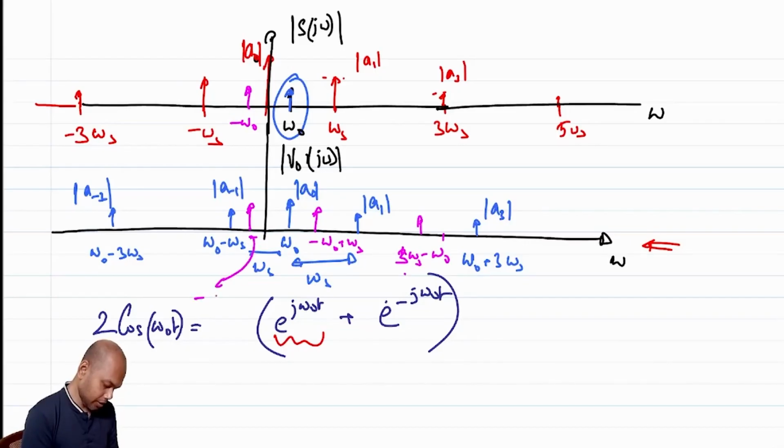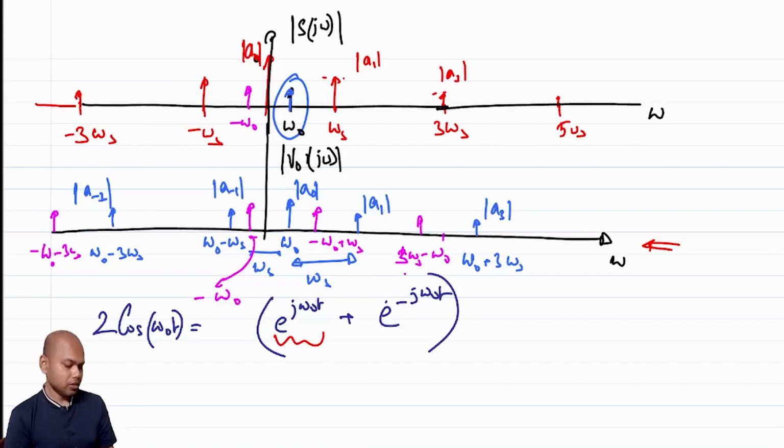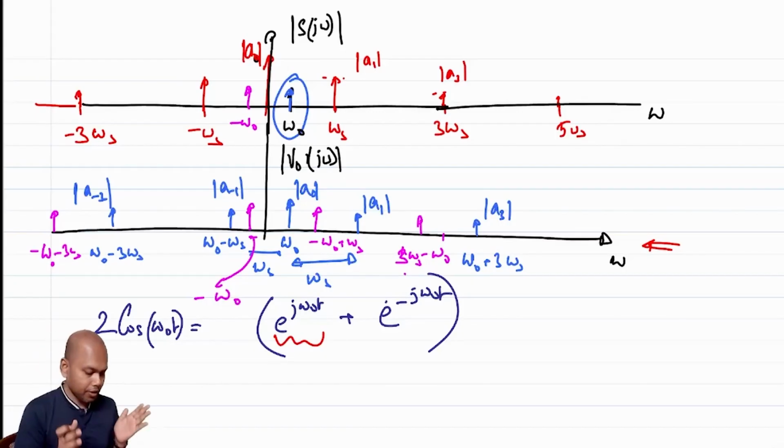Just put it here, minus omega naught. Similarly, you are going to have a tone at minus 3 omega s minus omega naught, that is here, right? So when you apply a real signal, a cosinusoid for example, you are going to have two tones around the tone of s of t, right?